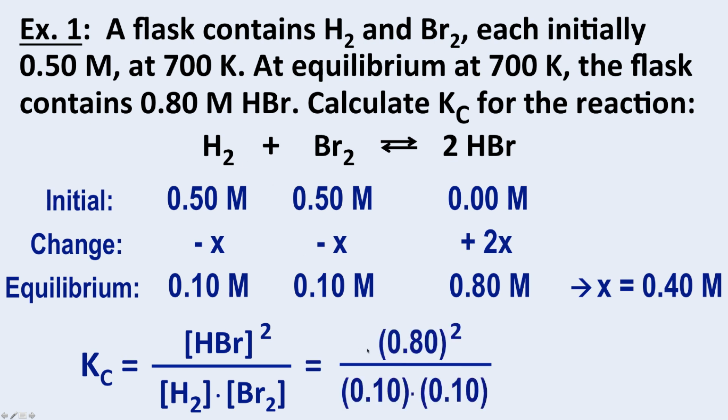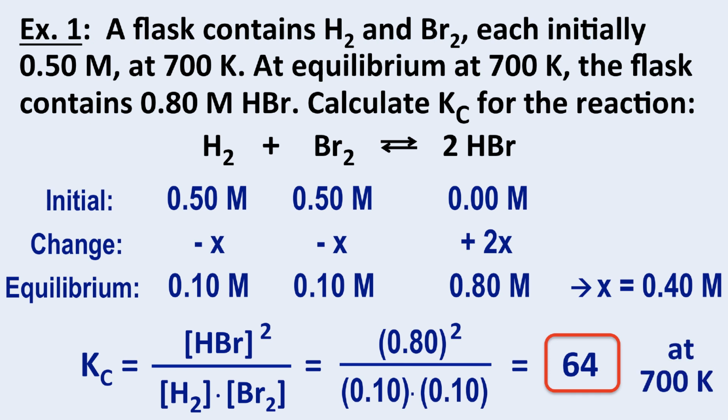So now it's just plug in values. 0.80 is HBr, and we square it. H2 is 0.10, Br2 is 0.10, and we do the calculation and find an equilibrium constant value of 64, and this is for the reaction above, at 700 Kelvin. So we would say K sub C is 64 for the H2 plus Br2 makes 2HBr reaction at 700 Kelvin.